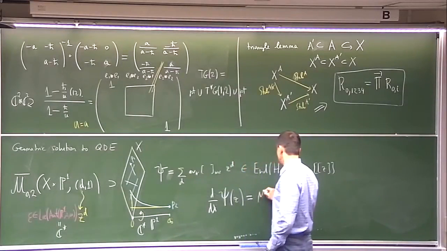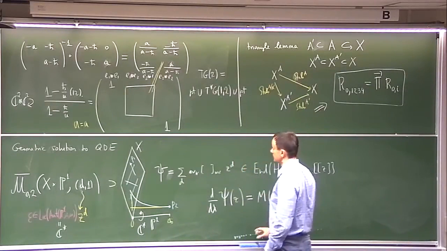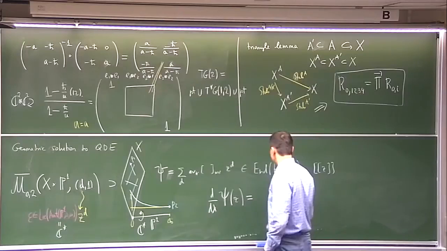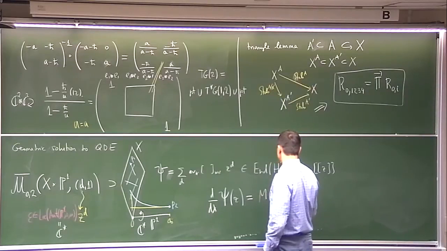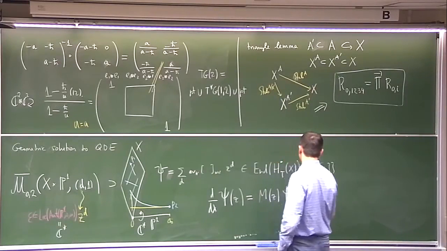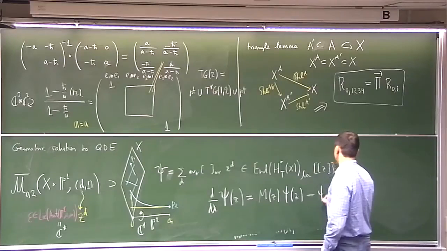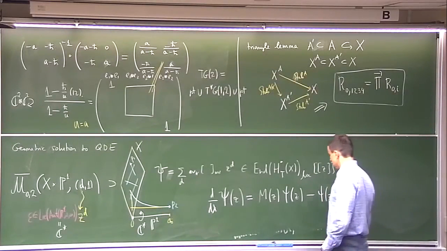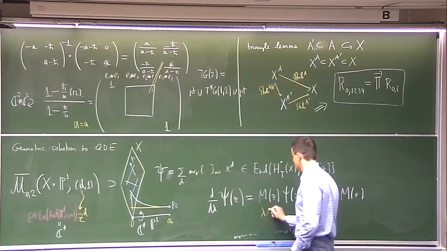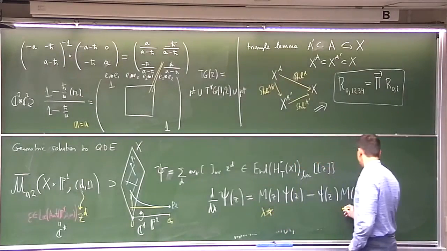So this will be m of z. I'll write first m of z, psi of z minus psi of z, m of 0. And on this side, this is an operator of quantum product by lambda, and this is an operator of classical product.